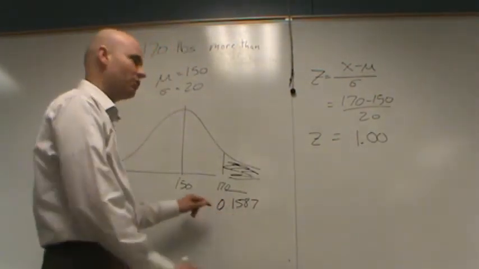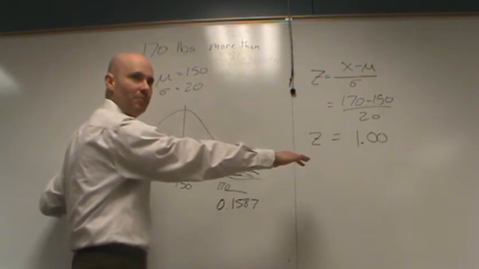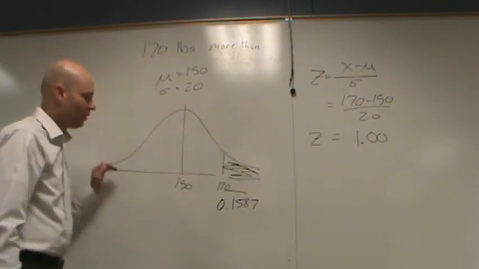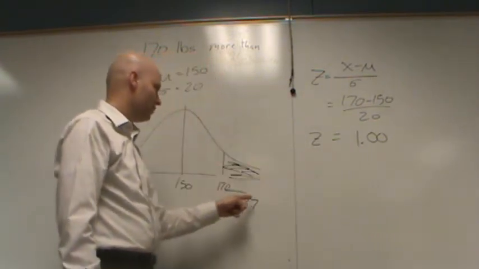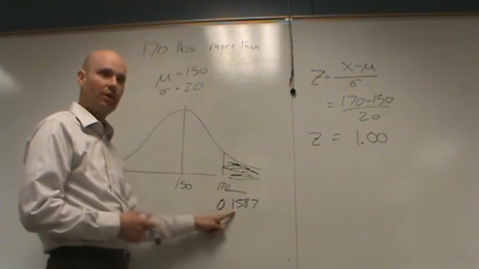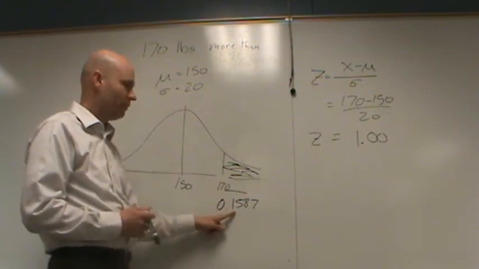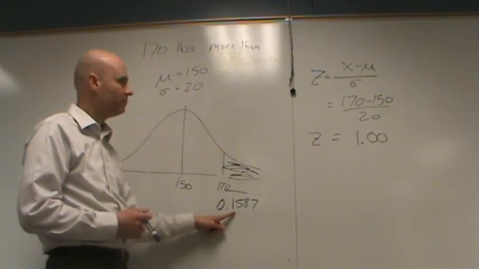So recall that the whole area under the curve must equal 1. And so we use our Z calculation to look in that table to find this value of 0.1587. So, can you explain to me how you got the Z calculation?